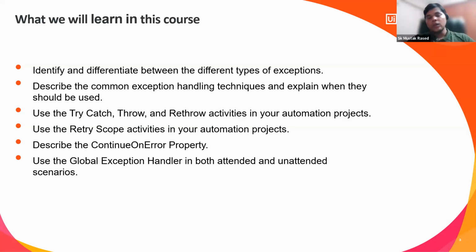System exceptions are something we cannot predict, we do not know under which particular condition they will happen. So those go to system exception. And business exception means the business has to give some sort of input before processing your project. One example I have given is that you have to give a credential, correct? Maybe after logging in, your process wants to check the unread emails.